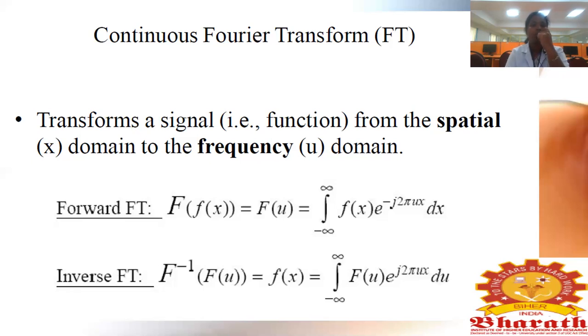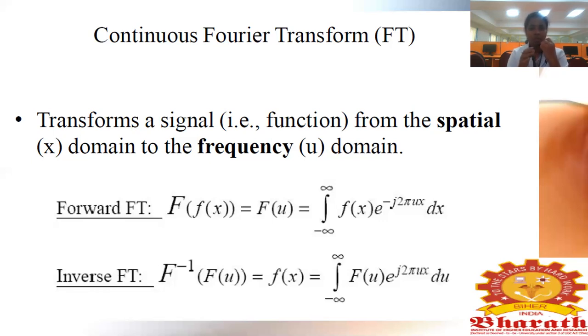In this transform, you have the forward Fourier transform and the inverse Fourier transform. Whatever transform you take, even if it is the discrete Fourier transform, or the SVD transform, or the KL transform, all the transforms are going to have two different equations. One equation converts a function from the spatial domain to the frequency domain, and that equation differs based on the transform you choose.